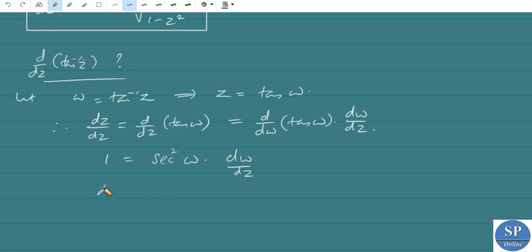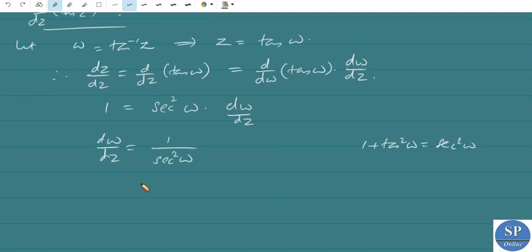So we have the required derivative dw by dz, that is d by dz of tan inverse of z. So dw by dz is nothing but 1 by sec square w, but we have 1 plus tan square w is equal to sec square w. So we can write this as 1 by 1 plus tan square w, and tan w is nothing but z.